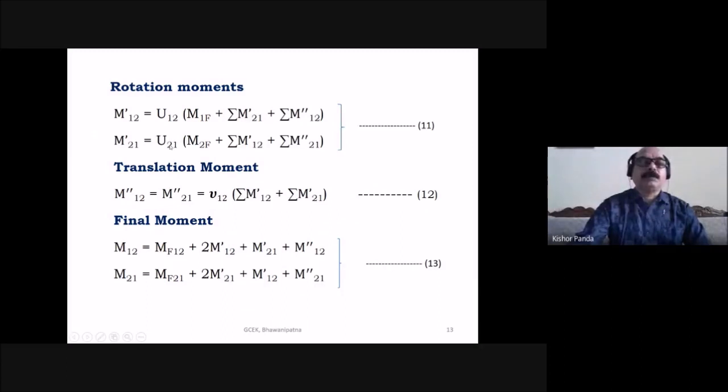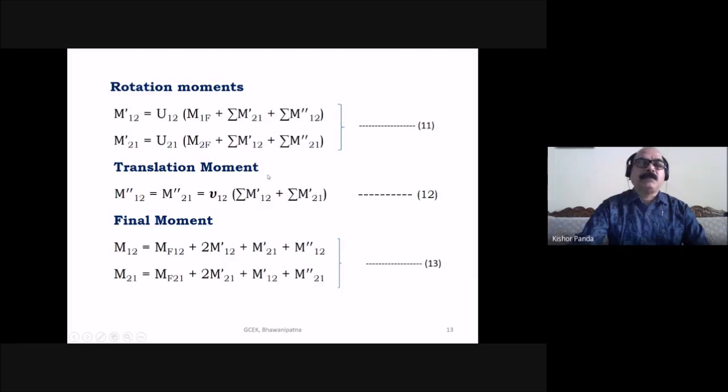This is the rotation factor, and m2f is the fixed end moment of the joint 2, and this is the near end rotation moment, this is the far end rotation moment m dash 1, plus summation of m double dash 1. This is the translation moment of the vertical member. The translation moment that you can find out for the vertical member, m double dash 1. So this is the formula you have to use to find out the rotation moment.